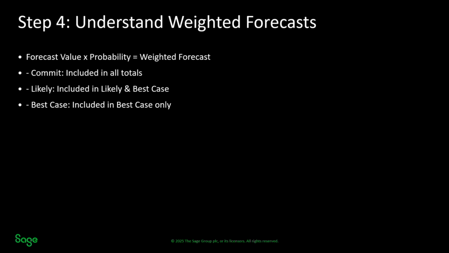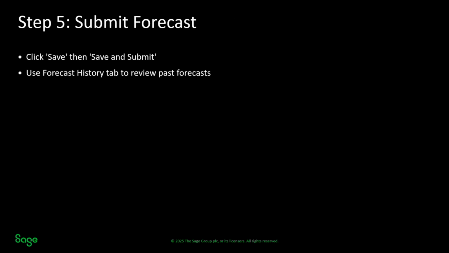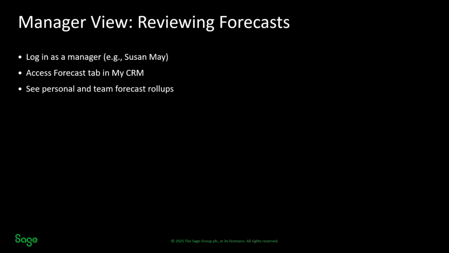And so what we end up with is this idea of forecast value being used with the certainty to provide a sense of the weighted forecast. You've got the sense of whether commitment is included, likely and best case, and so you have the overall scenarios to allow you to understand, once you've submitted this, to create a forecast history for everyone.